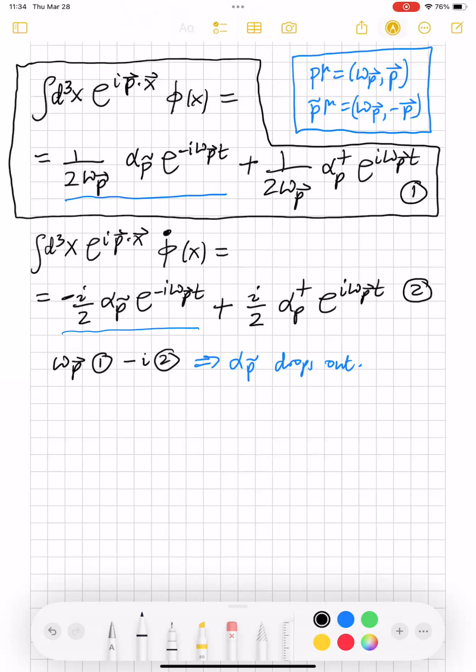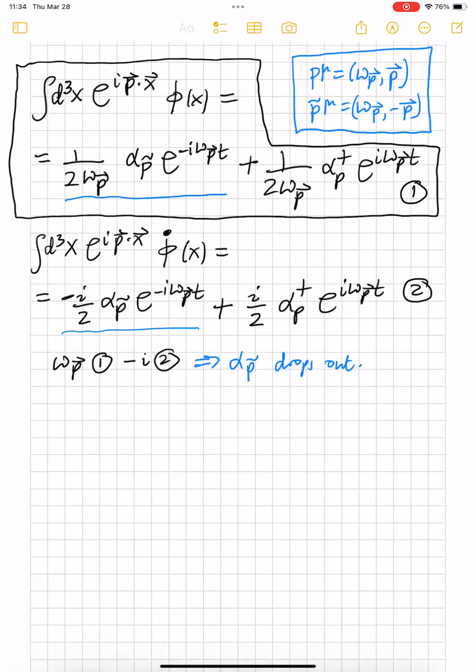Okay. So we're going to have an integral d3x e to the I p dot x. Then we've got omega p times equation 1. So this is omega p times phi of x minus I times equation 2, which is phi dot of x. Good. What is this equal to?